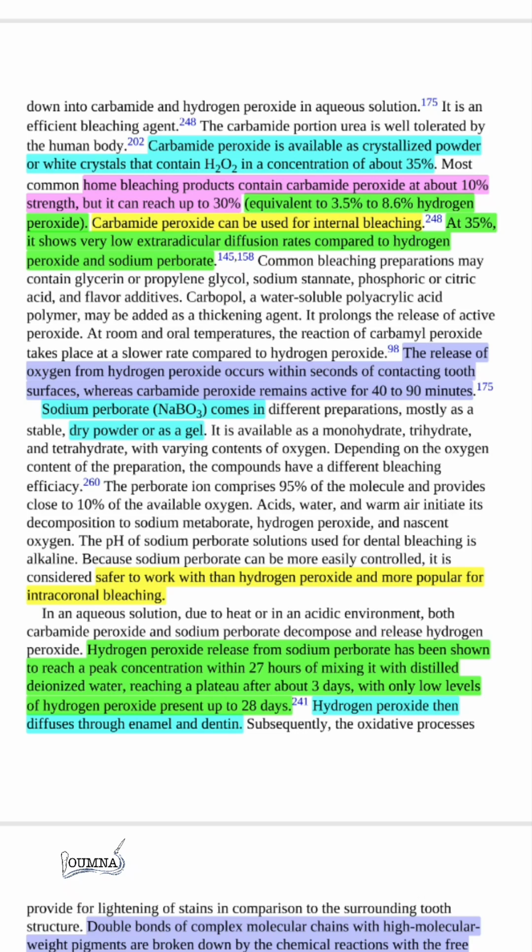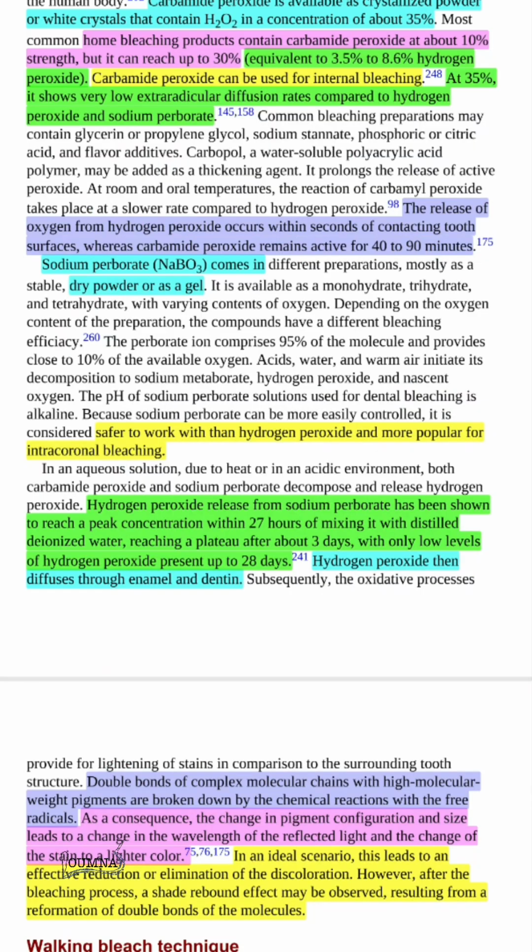Carbamide peroxide is a bleaching agent that contains hydrogen peroxide in its composition, but it is safer, so it is usually used as a home bleach product. In some cases, we can use it as an internal bleach compound.